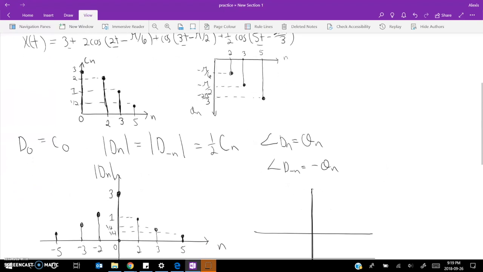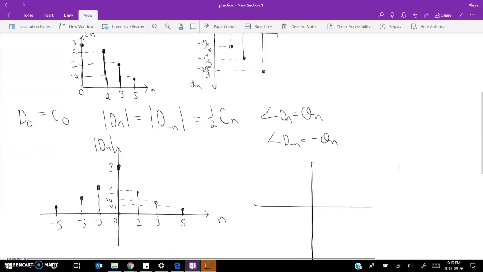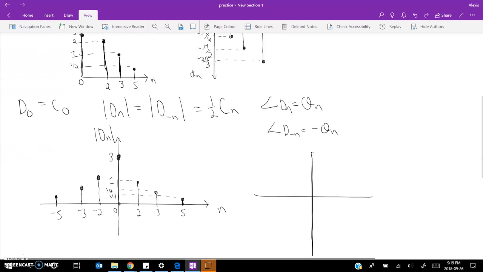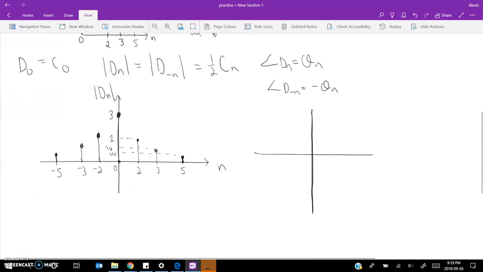However, we would have the same reflection on the negative n axis, but it would be towards the positive theta n. So our graph would look like this, where at n is equal to 2, we would obtain a value of negative pi over 6.